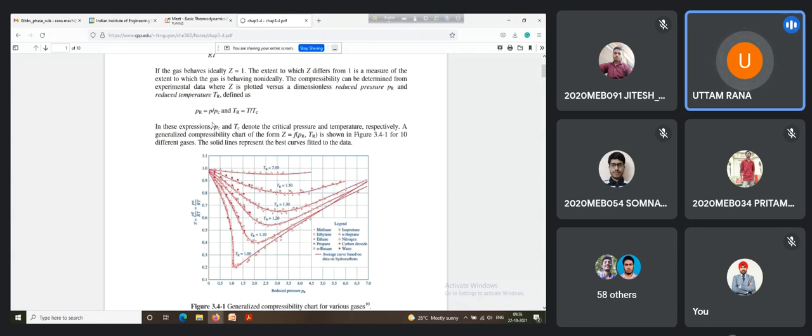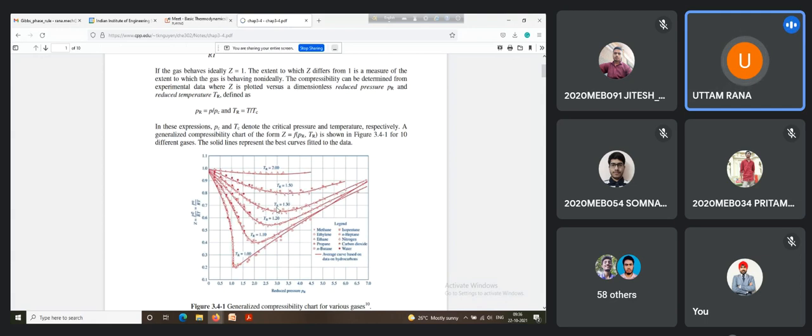But when you scale it in terms of reduced pressure and reduced temperature, many gases like methane, ethylene, ethane, propane, butane, water vapor, isooctane, and n-heptane have the same kind of variation of the compressibility factor, PV divided by RT, with the reduced pressure PR for different values of TR.